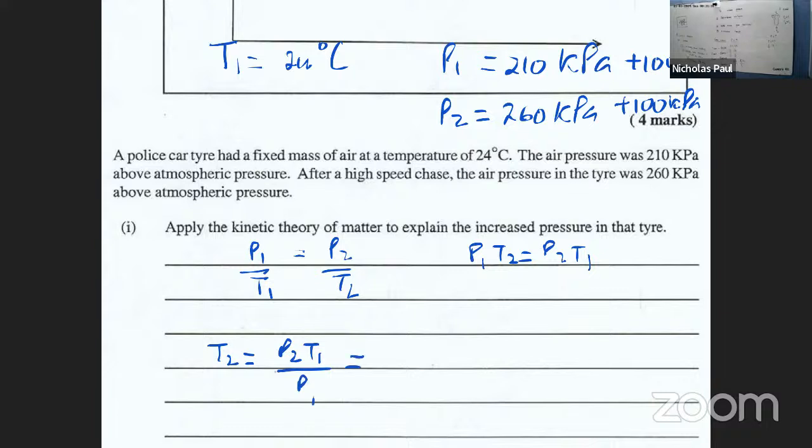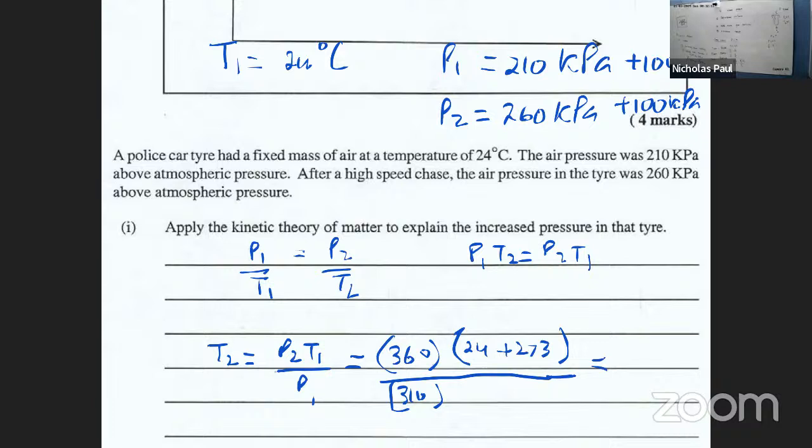Let's plug in our values. P2 is 360 and P1 is 310, because it said above atmospheric, you have to add it. We have one side problem with temperature. What to do? Convert to Kelvin. So that'll be 24 plus 273. Then you work it out.